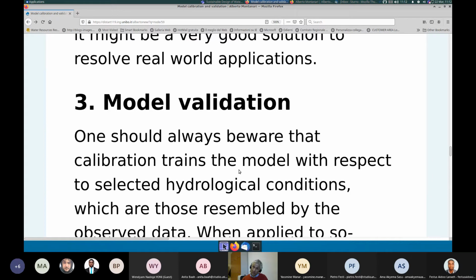So validation aims to check the model and the model parameters with respect to a new situation, a situation that the model was not trained for, which is out of the calibration sample. This is the purpose of validation. You want to test the model performances in a situation that is similar to your design.